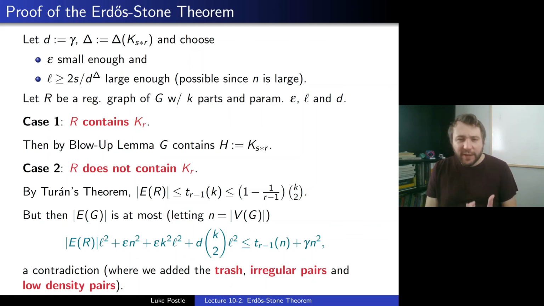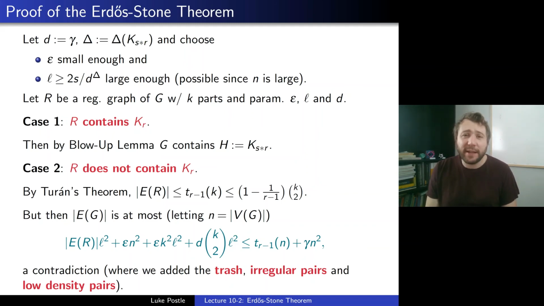So the d accounts for half of the gamma there, and we have like 2 epsilon n squared. So if epsilon is small enough, then that's also smaller than gamma, and the inequality follows. So again, you can think through that, but basically, if we choose epsilon small enough, the trash is small enough, the number of irregular pairs is small enough, and if we set the density low enough, that's also low, and then we just get a contradiction.